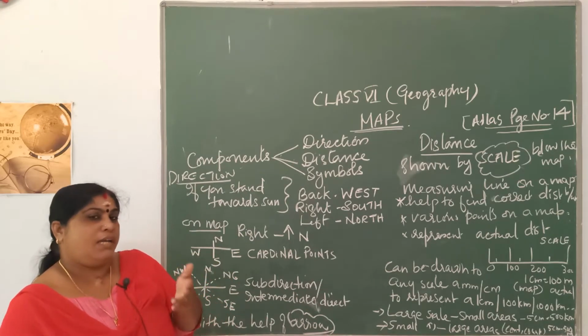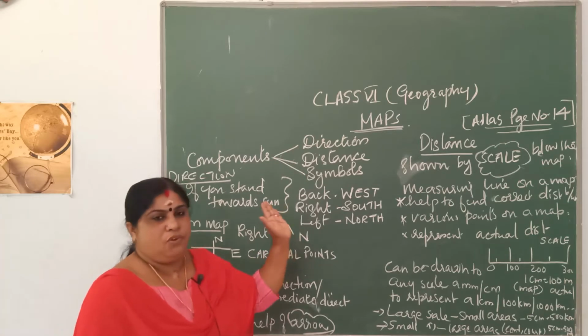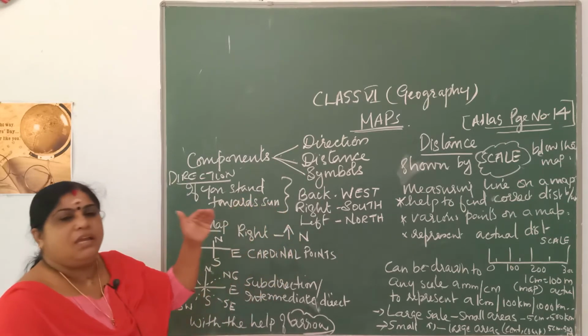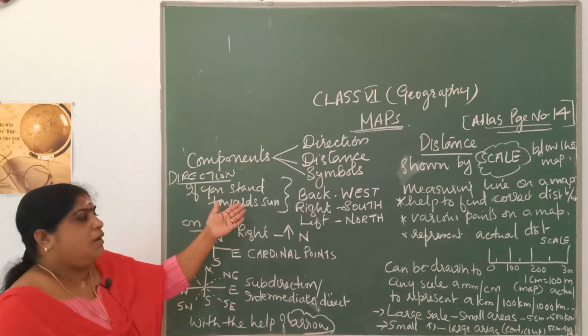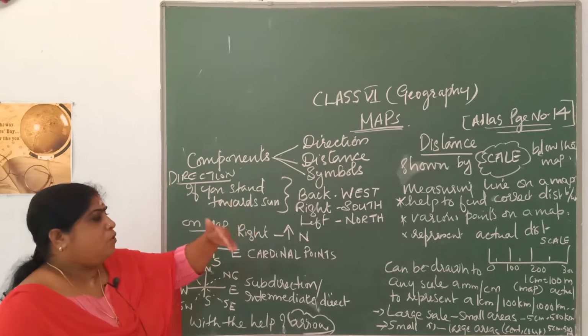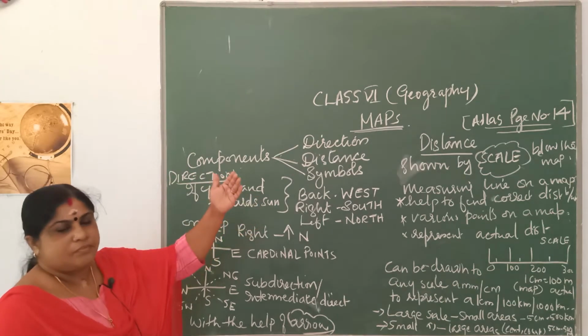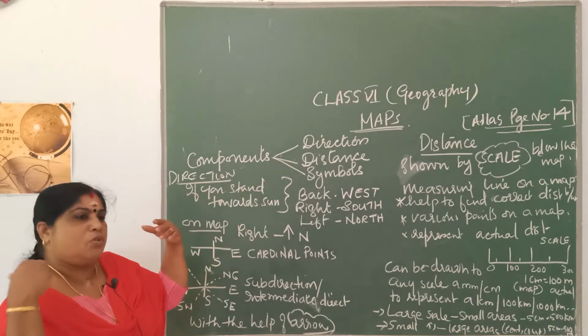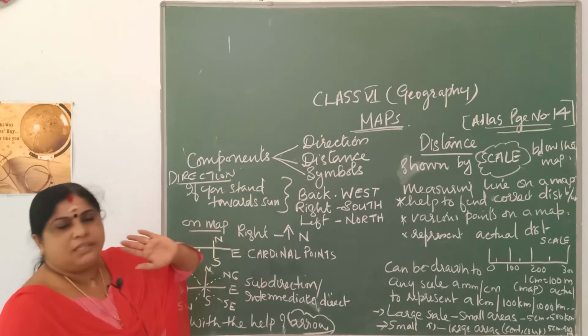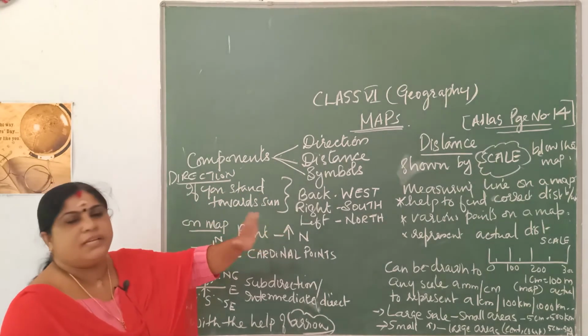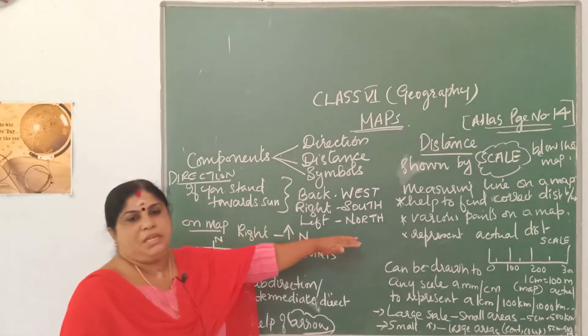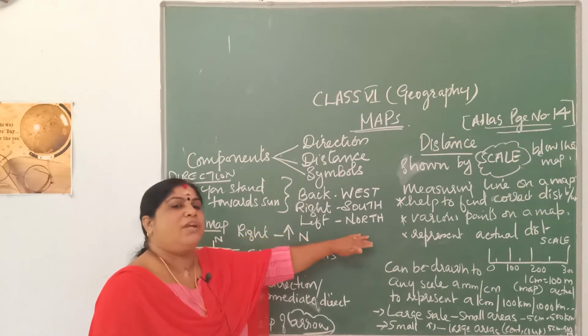If you are standing facing the sun, the front portion where you stand will be east, the backward portion will be west, the right hand side will be south and the left hand side will be north. This is the way you find direction.